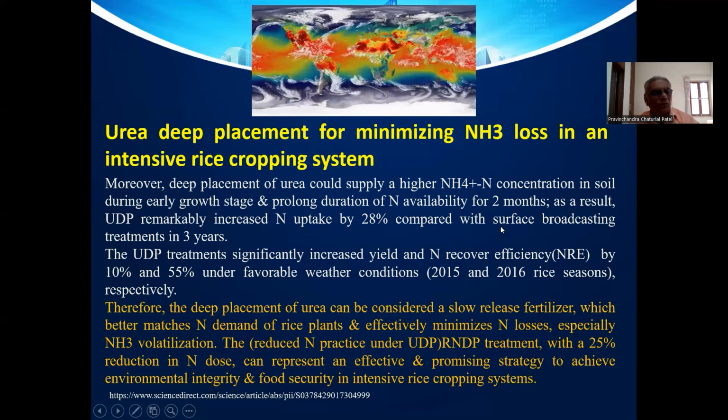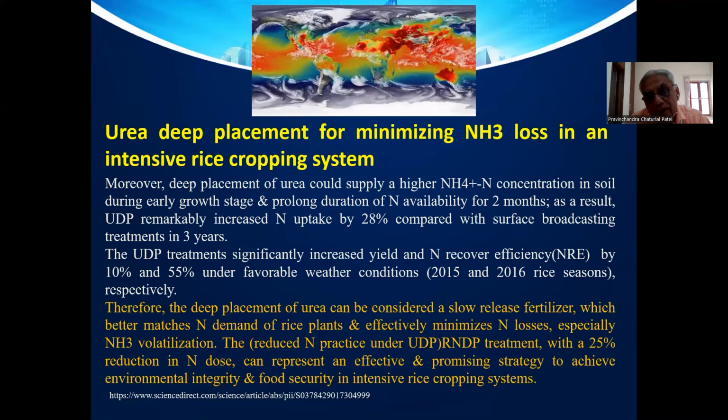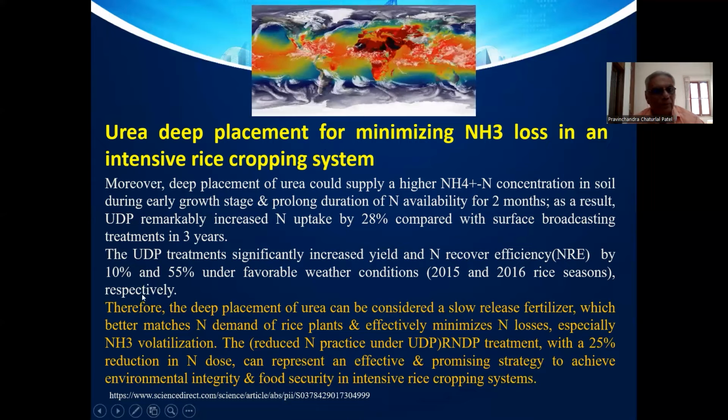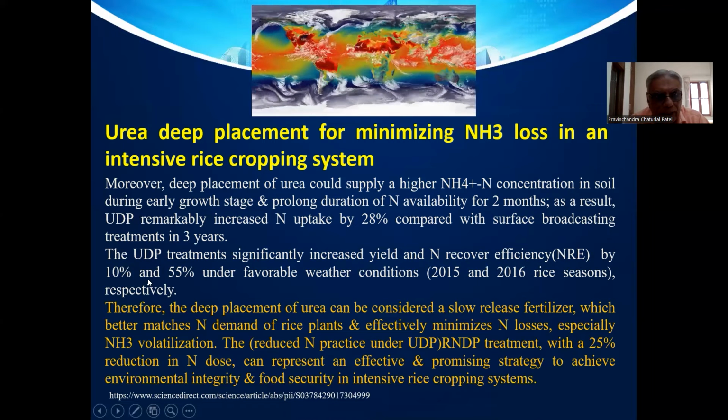Because when you apply surface broadcasting urea, then there will be leaching loss and denitrification. So the efficiency of the applied urea has been declined in surface broadcasting as compared to urea deep placement. So urea deep placement treatment significantly increased yield and nitrogen recovery efficiency by 10% and 55% under favorable weather condition in the 2015 and 2016 dry season respectively.